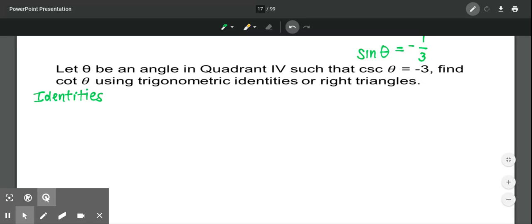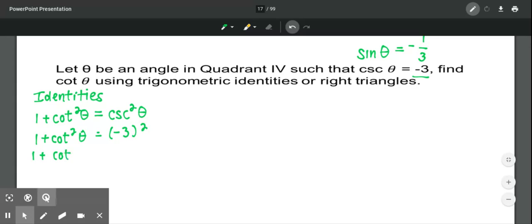And if we need to find the cotangent, we know that the identity is that 1 plus cotangent squared theta equals cosecant squared theta. And they told us that cosecant's -3. So 1 plus cotangent squared theta would equal -3 squared, or 1 plus cotangent squared theta would equal 9.